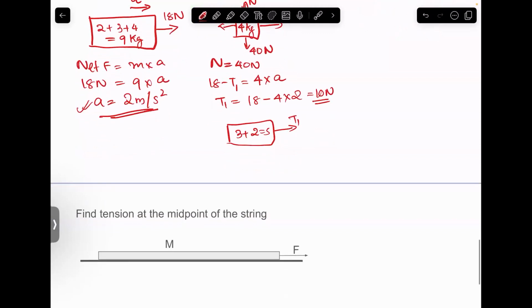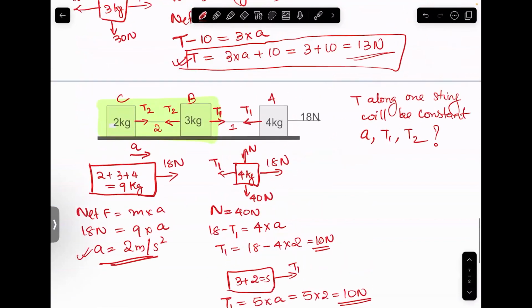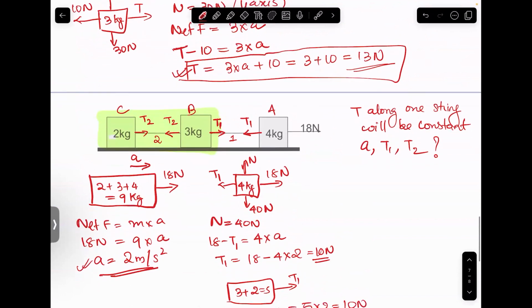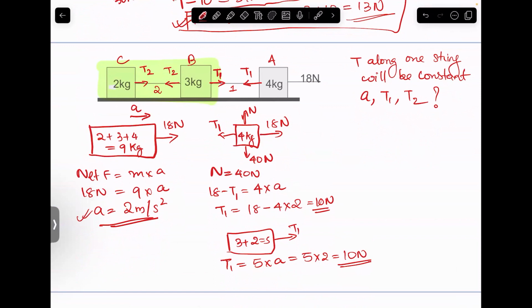So net force equal to T1 equal to 5 times A. A is 2 meter per second square, so 5 times 2 is equal to 10 Newton. So in any manner, if you derive it in the right manner, obviously, there are so many correct methods to find T1 or T2. We will see about T2 also.